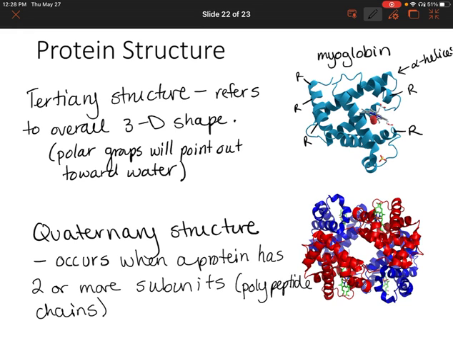So a really good example is hemoglobin, which is shown off to the right. Oh, I don't know what I was trying to spell there. Hemoglobin, there we go.